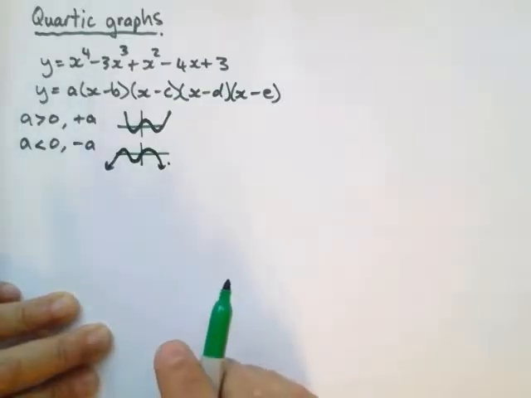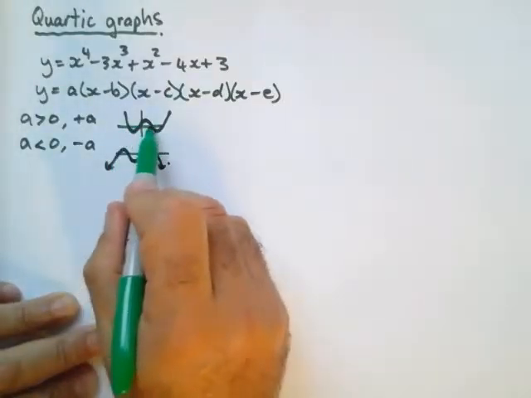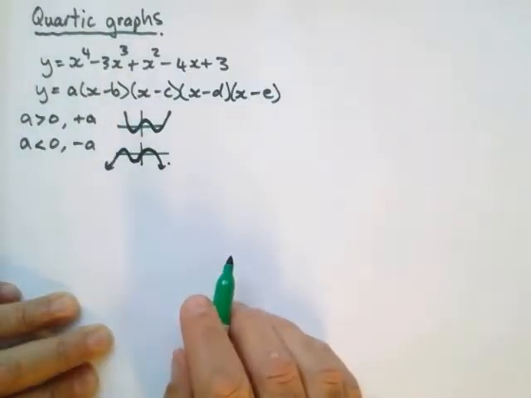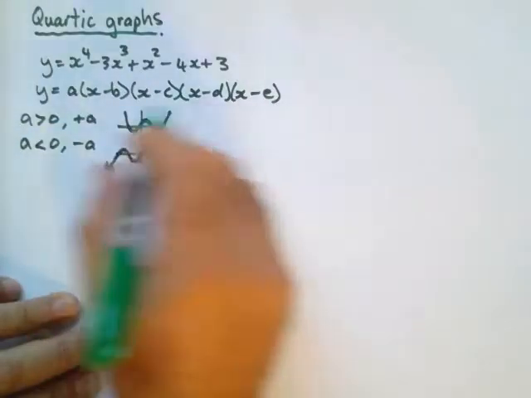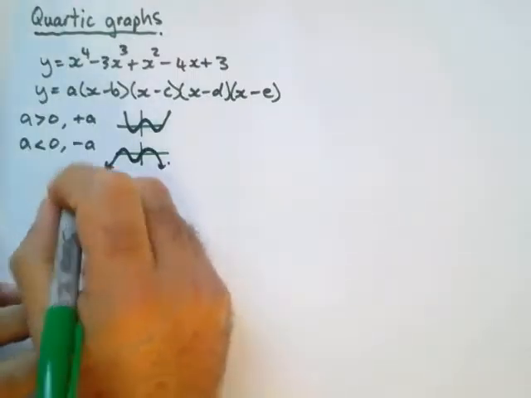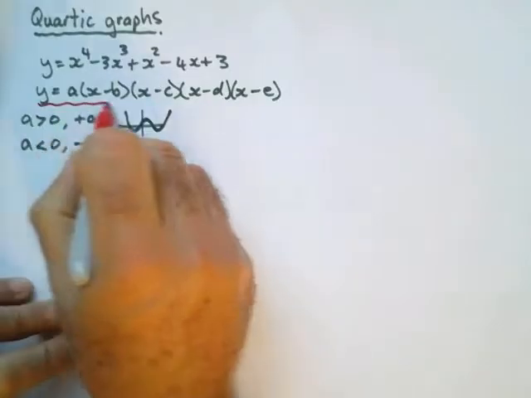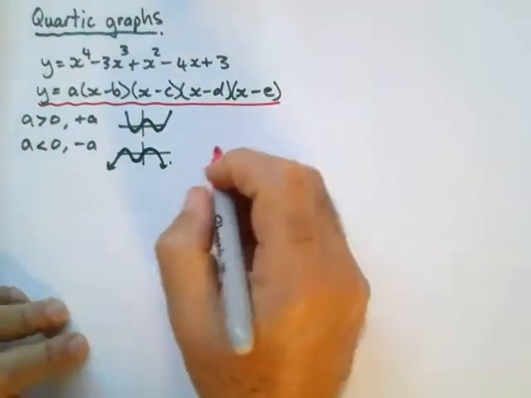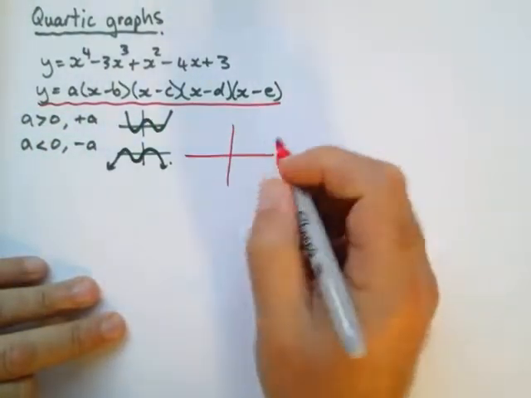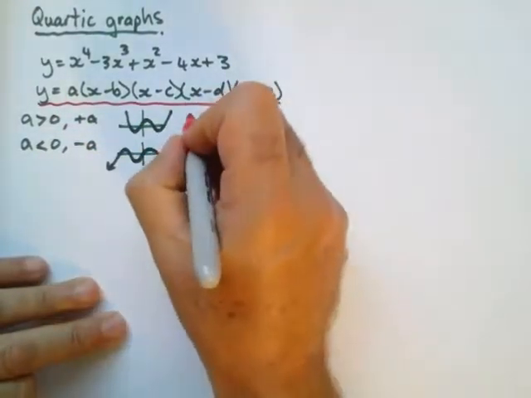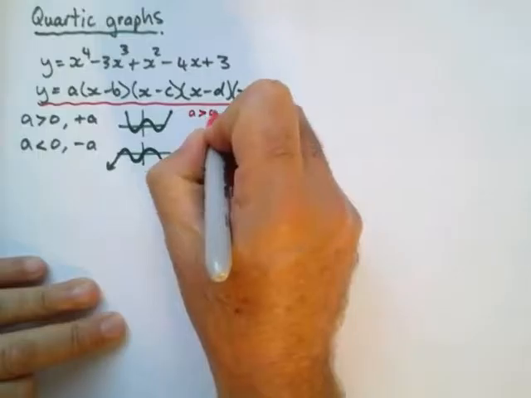The only things we can put in are the intercepts with the x-axis and the intercepts with the y-axis. So if I redraw my graph for this function, underlining it with another color, this graph would look like this, and let's assume a is positive, so a is greater than 0.